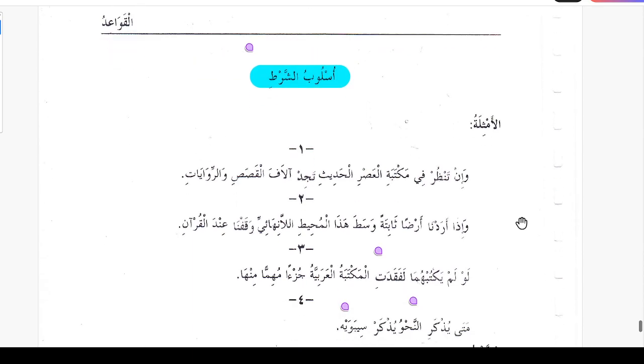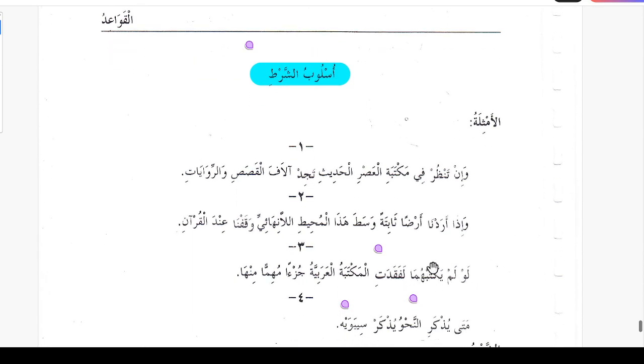The writer is saying law lam yaktub, with the fe'l mudare, but we are saying that with law, the fe'l shart is past tense and the jawab shart is past tense also. The jawab shart is past tense, but the fe'l shart is present tense.